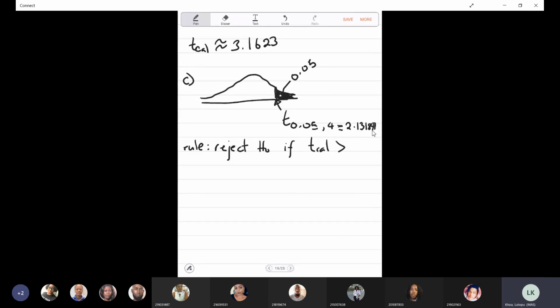So if it's greater than our T value over here, if it is greater than 2.131847. Okay, that is the second step.